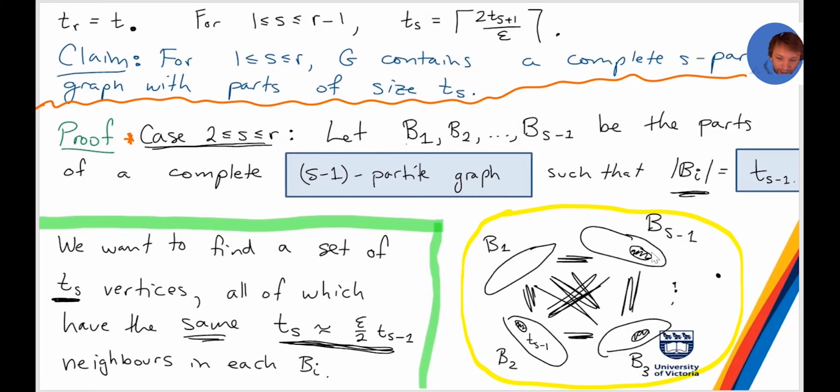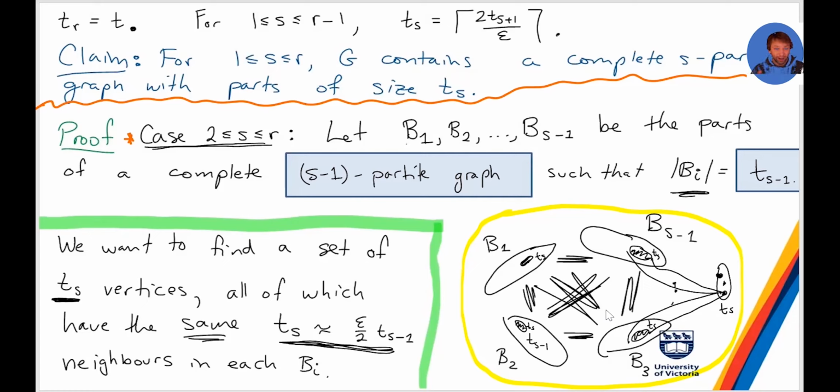So I want to find T sub S vertices in each of these sets, and I want to find T sub S vertices that are not in any of these sets. And I want all of the vertices in this new set to be adjacent to all of these special vertices in all of the parts. And if I can find that, then that's my S partite graph, if that makes any sense.